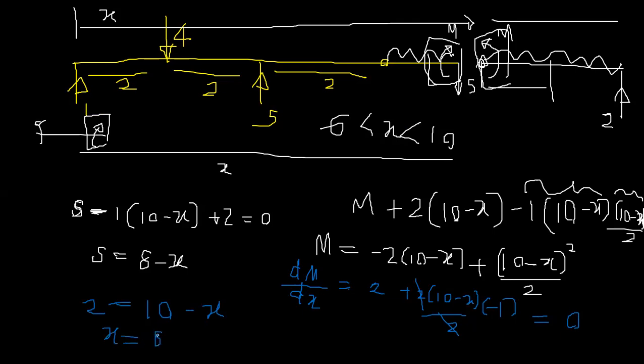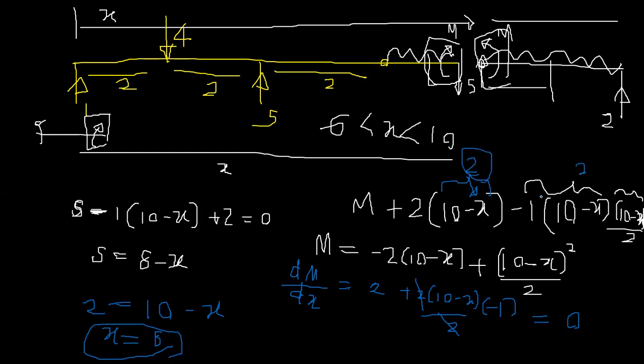When x is equal to 8, this will be a maximum or minimum. In this case, it should be minimum because it should be negative, right? Because it is sagging. If x is equal to 8, just plug the value. So this is going to be 2, right?